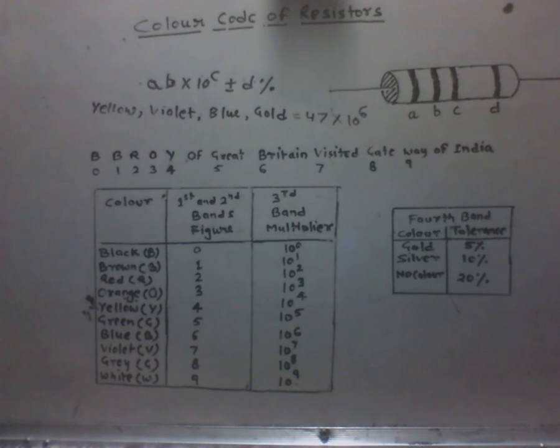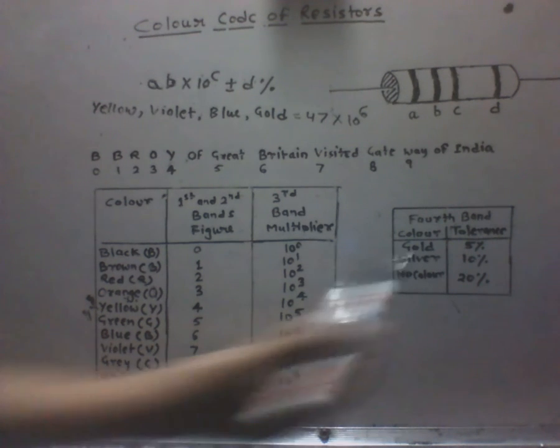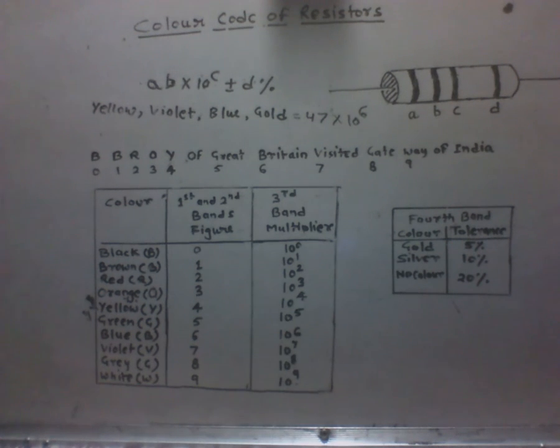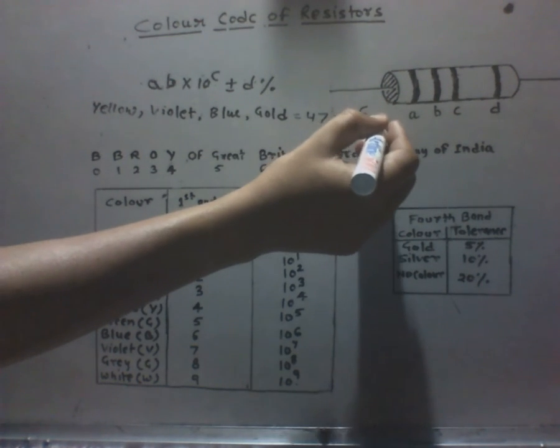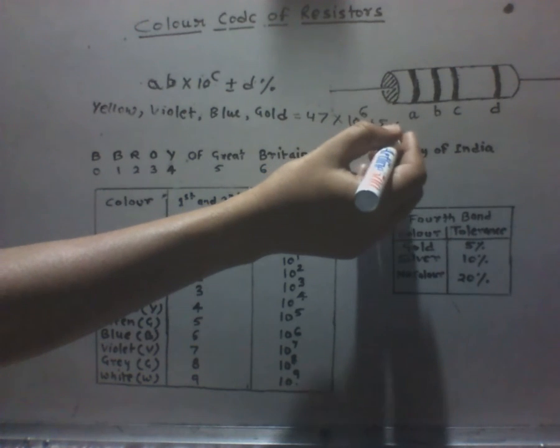Now the last band, or the fourth band, is gold. Here for gold the tolerance is plus minus 5%.